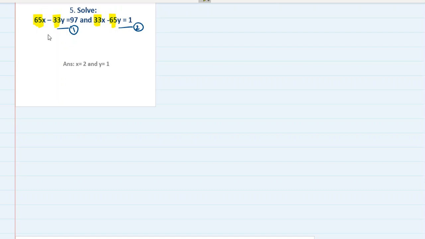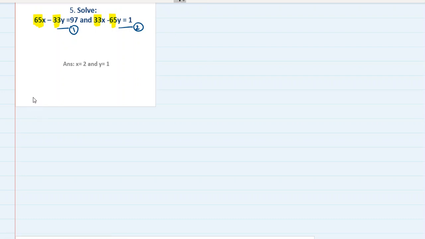You will apply one of those techniques eventually, but before that, you should simplify this pair of linear equations which have fairly large coefficients. 65 and 33 are huge coefficients. If you want to equate a coefficient, you have to take the LCM of 65 and 33, and you don't want to do so much calculation, right? So there must be another way out.